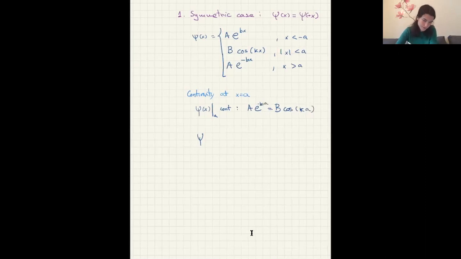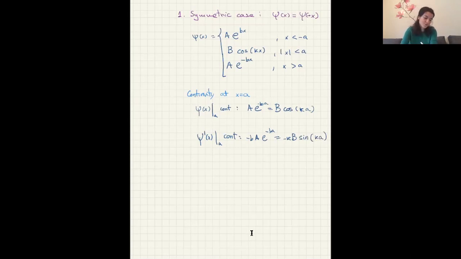The first derivative must also be continuous, as we saw before, because the potential is finite. So we get minus b a e to the minus b a equals k b times the derivative of cosine, which is minus sine k a.